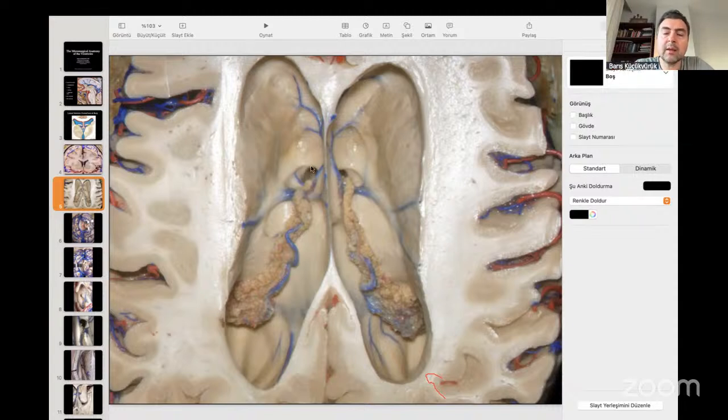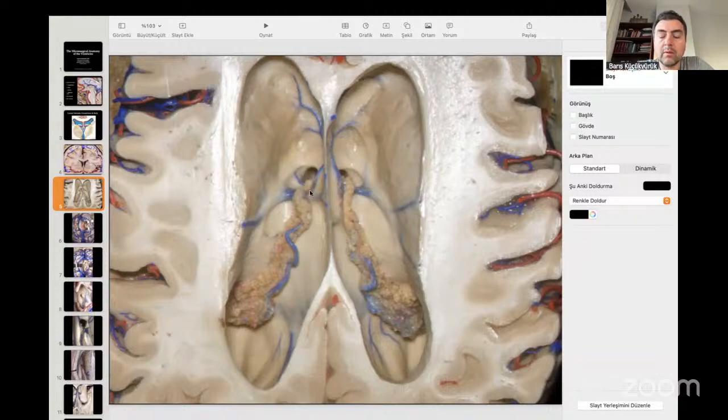Let's see again the anatomy. The roof was formed by the corpus callosum, which is removed here. The lateral wall is formed by the caudate nucleus. In more detail, the head of the caudate nucleus anterior to the foramen of Monro in the frontal horn, and posterior to the foramen of Monro by the body of the caudate nucleus is the lateral wall of the body of the lateral ventricle.